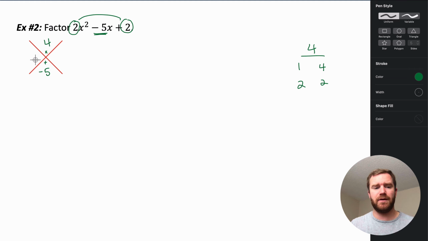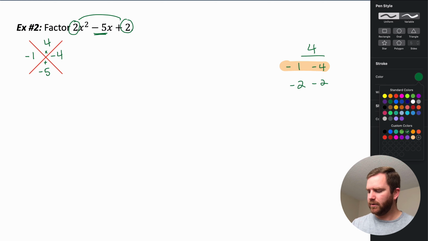Yes. And if you have a negative times a negative, you get a positive number. So that tells us that both of our numbers that go here need to be negative, which means our factors in this should all be negatives. Which of these sum to be negative 5? Well, we have negative 4 and negative 1, or negative 1 and negative 4.